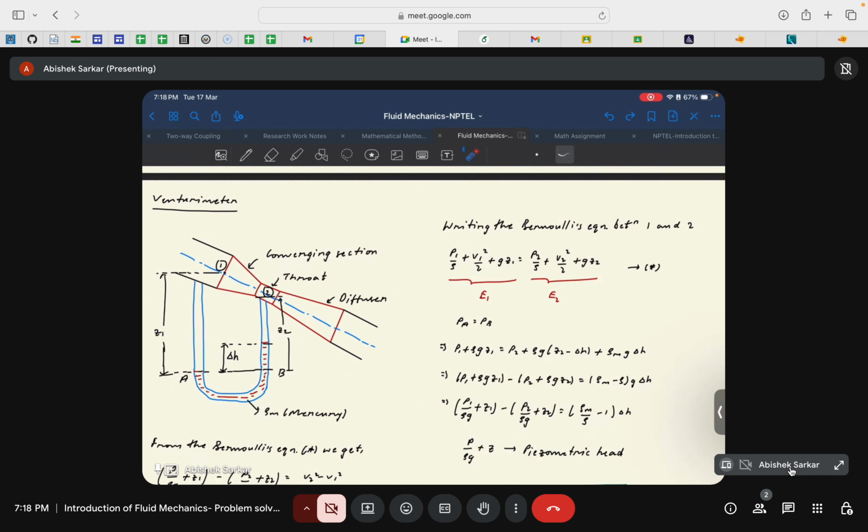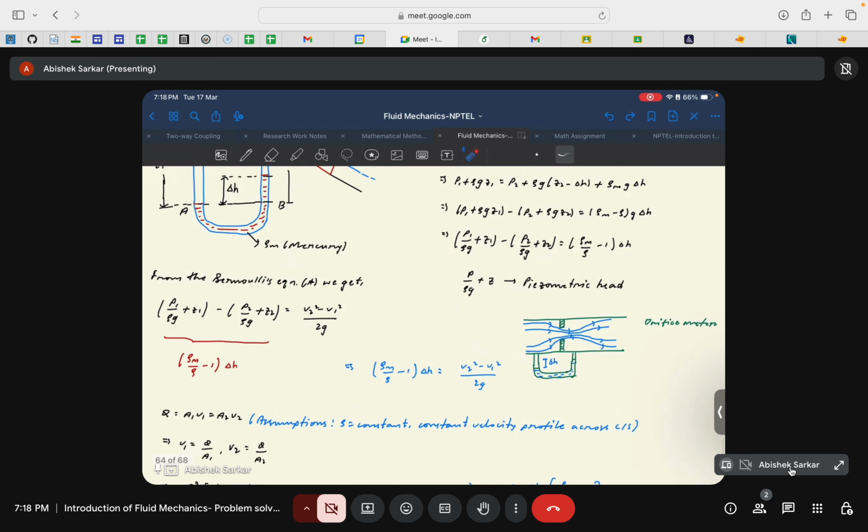So of course the venturi meter is very costly compared to the orifice meter, and depending upon the requirement, if they can allow a certain level of error in the calculation, people usually opt for the orifice meter rather than the venturi meter. But if accuracy is the fundamental requirement, then people usually go for the venturi meter. Of course it depends upon choice.